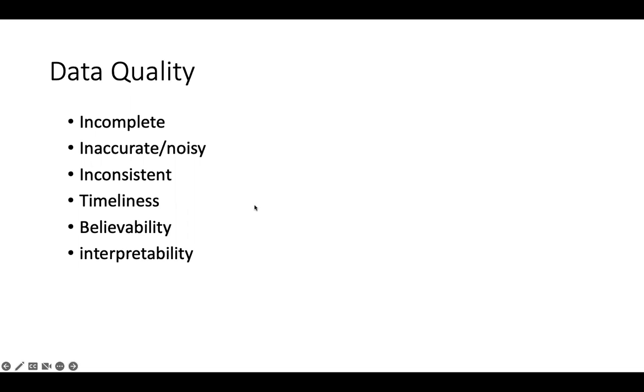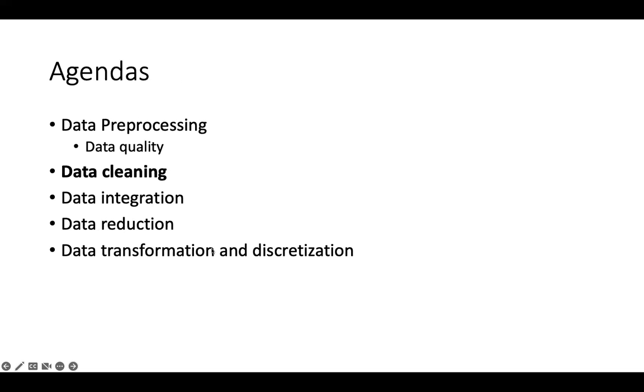If we say we have to generate reports quarterly, a good example is if your salespeople need to earn some bonus, and there's a gap or delay, then it will affect how we award bonuses to our employees. Then it has to be believable. Here we talk about trust. The data must be trusted by users, and most importantly, should be interpretable, meaning how easy it is to understand the data. And that's data quality.